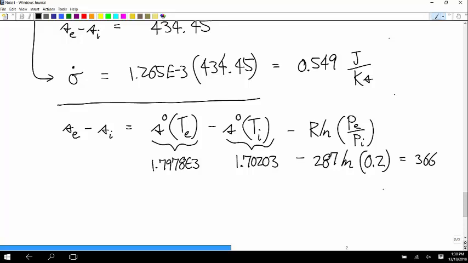Okay, let me say something about isentropic processes.